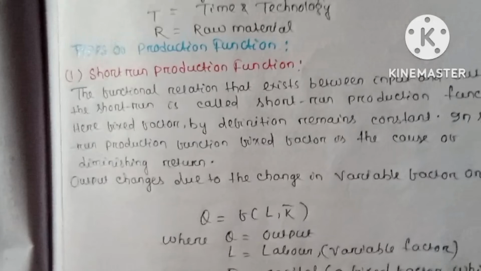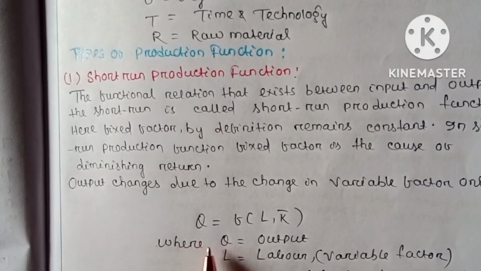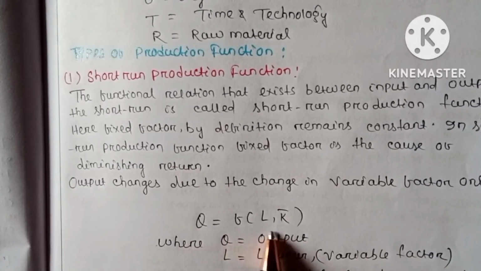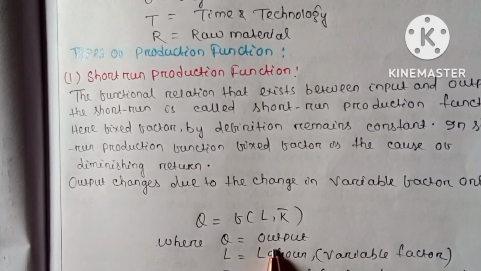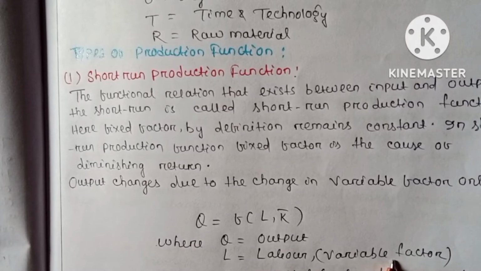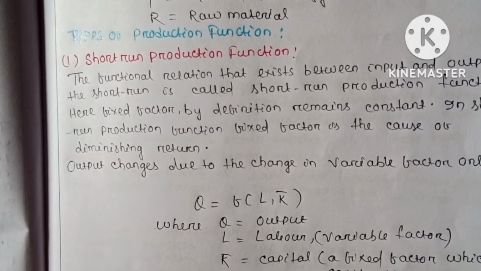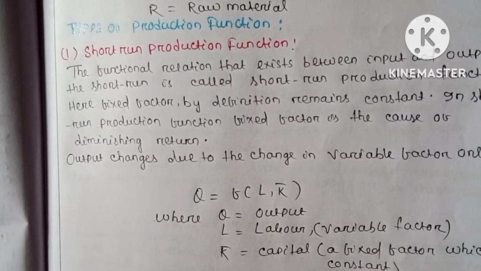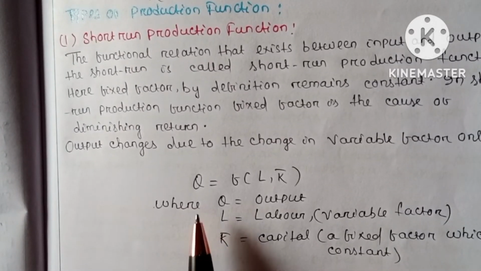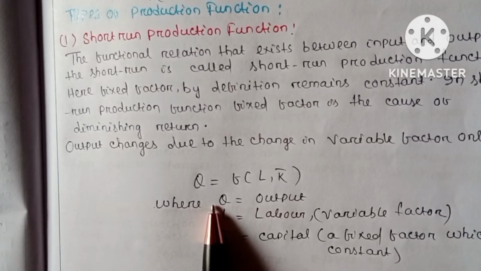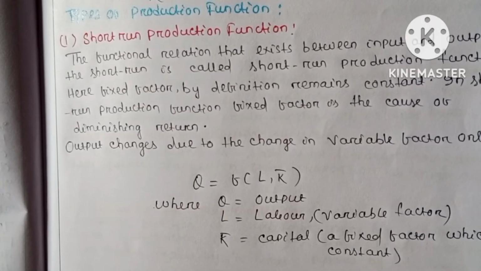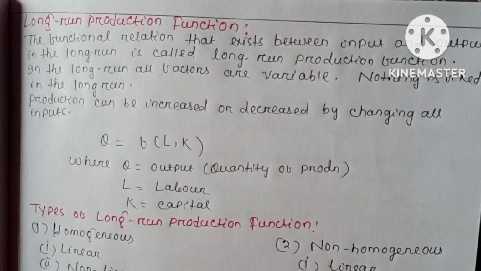Mathematically we can write the short-run production function as Q equal to f(L, K-bar), where Q is the level of output, L is labor, which is a variable factor, and K-bar is the capital, which is a fixed factor and which is constant. So this is the short-run production function where at least one factor is fixed.